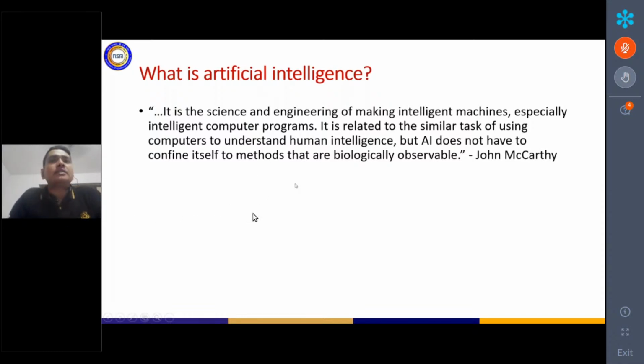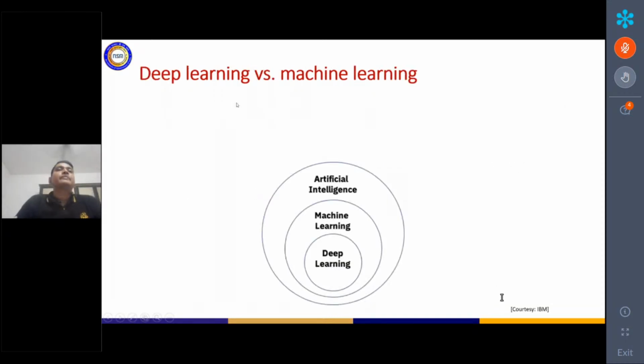Broadly, it has evolved vastly from the earlier rule-based approach to solving intelligent problems to a learning-based approach. These learning-based approaches became very popular with the advancement of new computing systems like GPUs, FPGAs and different systems like that.